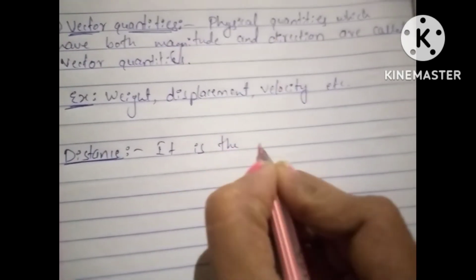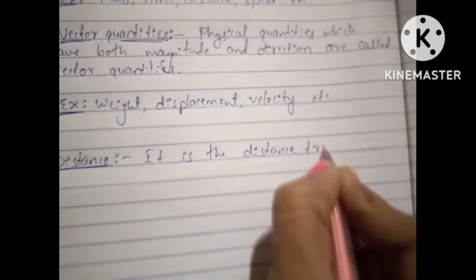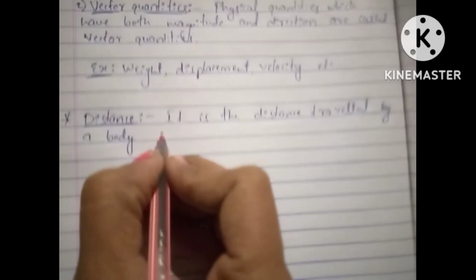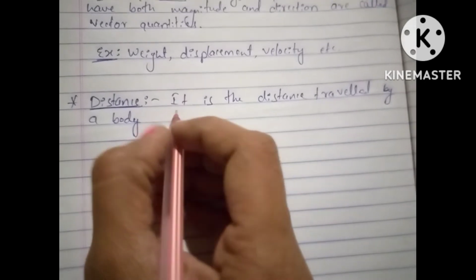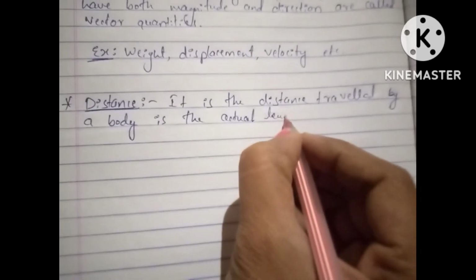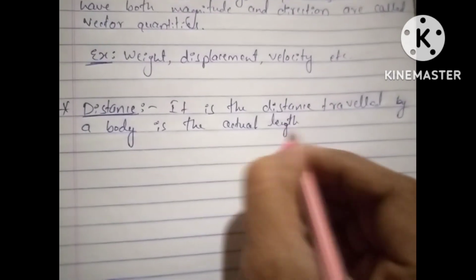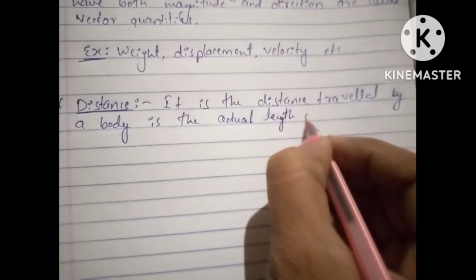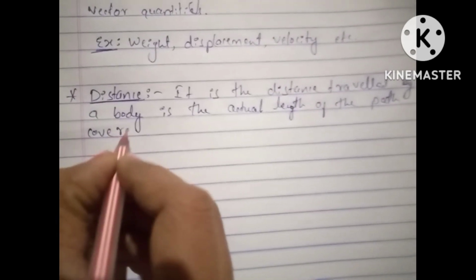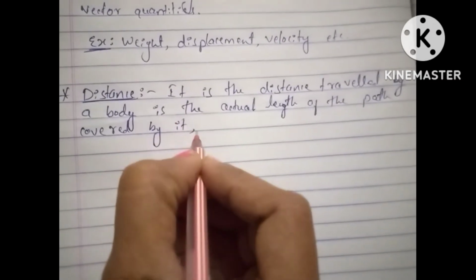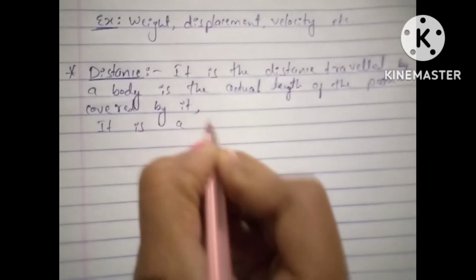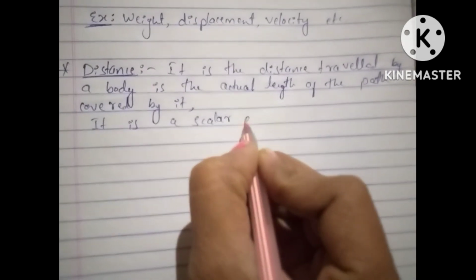Distance traveled by a body is the actual length of the path covered by it. And it is a scalar quantity.